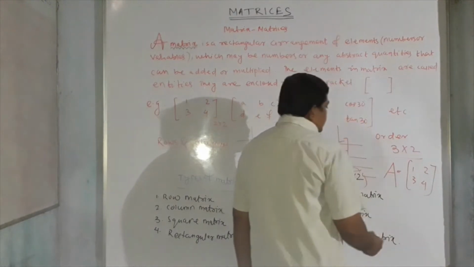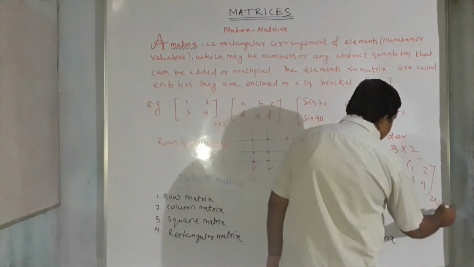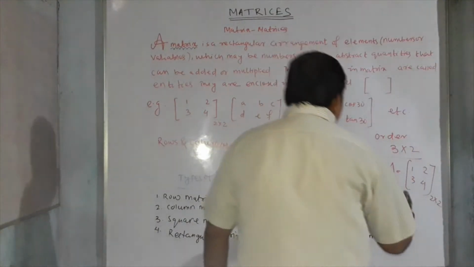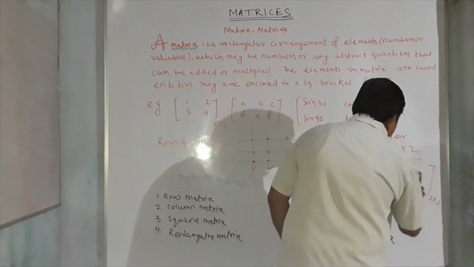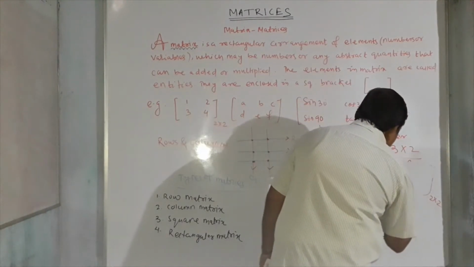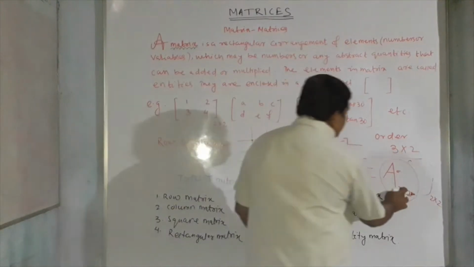What is the order here? You say, sir, 2 rows and 2 columns, so 2 by 2. Suppose no elements are present and it is written matrix A equals 2 by 2. Then how many elements are present in matrix A? You will say, sir, 2 by 2 means 4.